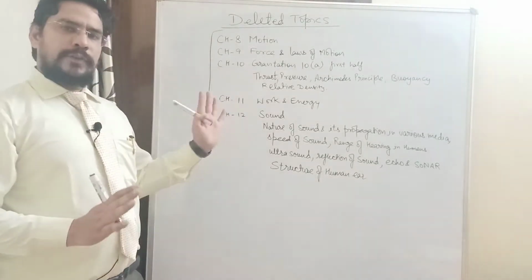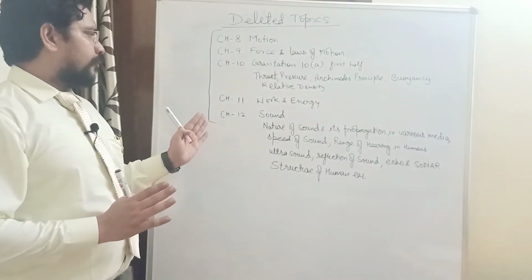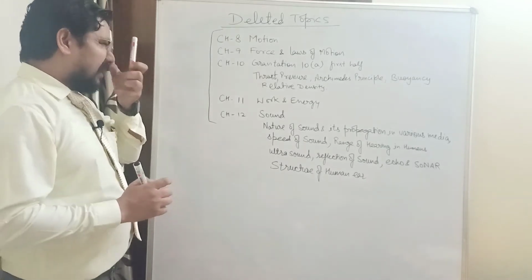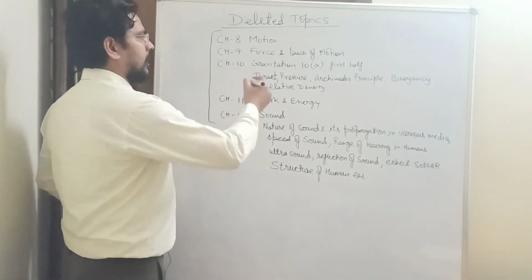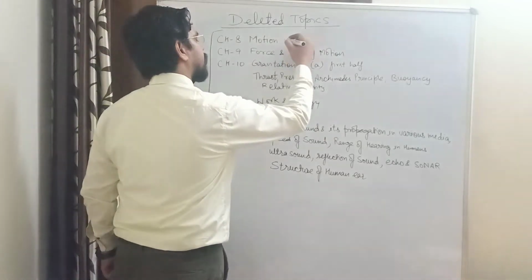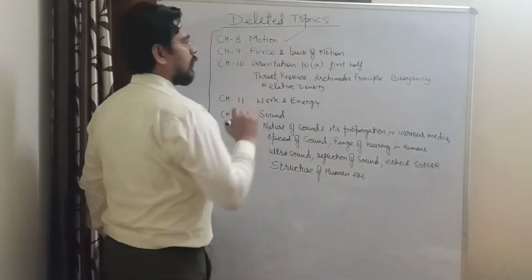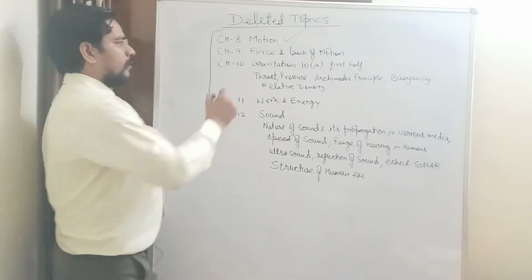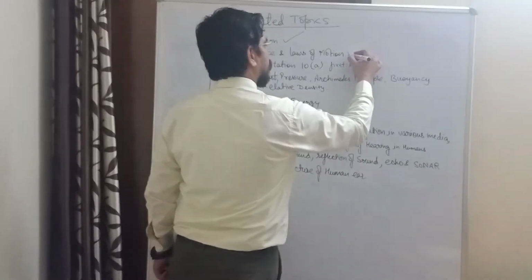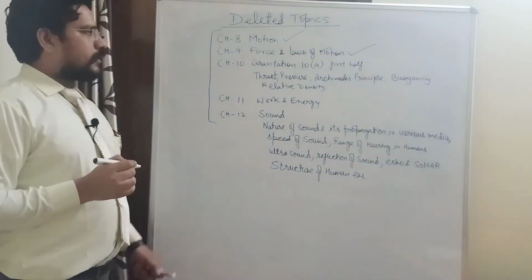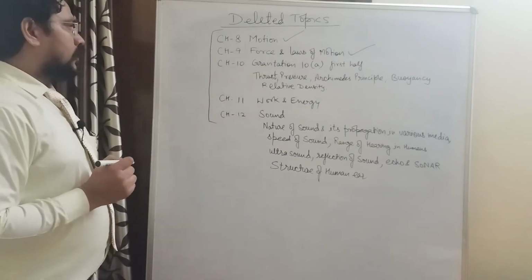So we have these 5 chapters in physics in class 9. In chapter 8, which we have already covered in online classes, no syllabus has been cut. In chapter 9 force and laws of motion, no syllabus has been cut, and we have covered this chapter also.